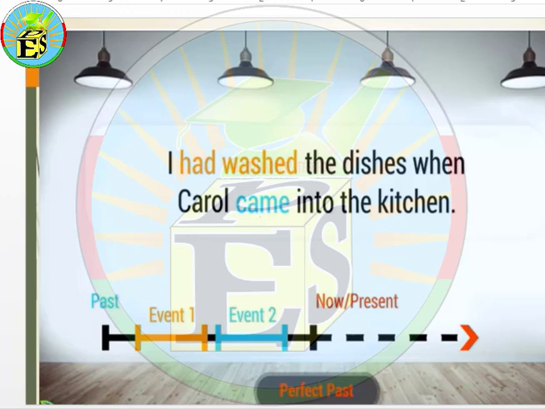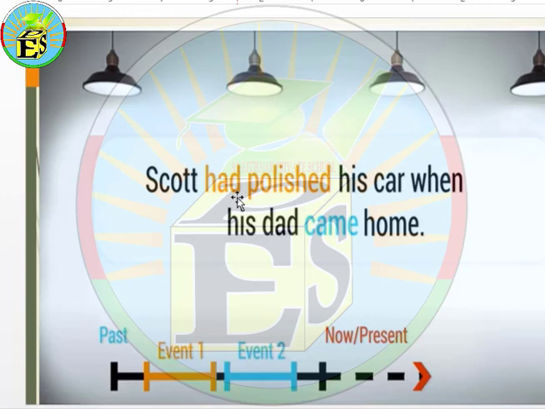Okay, let's study the second example. Scott had polished his car when his dad came home. So the first event is polishing the car. So we put it in the past perfect, had polished. And the second one, came, we put it in the past simple.